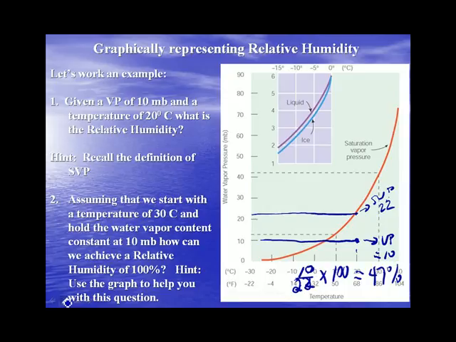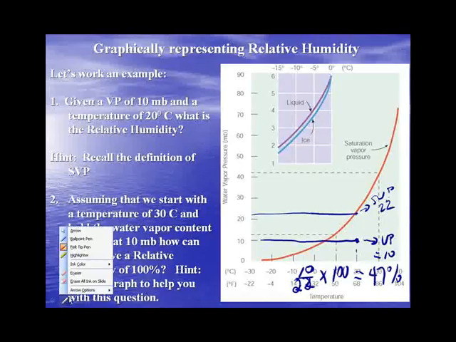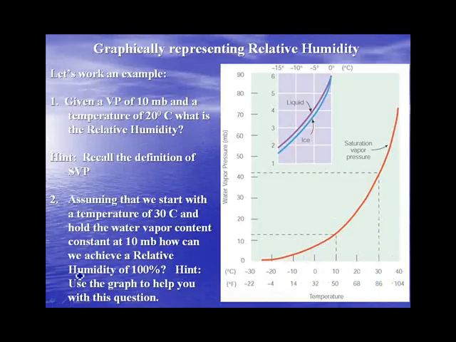Now we'll work another example here. Let's say that we start with a temperature of 30 degrees Celsius, right here, and we hold the water vapor content constant at 10 millibars. So let's go 30, and about right here is 10 millibars.